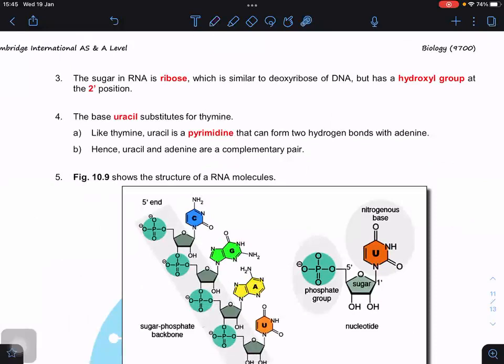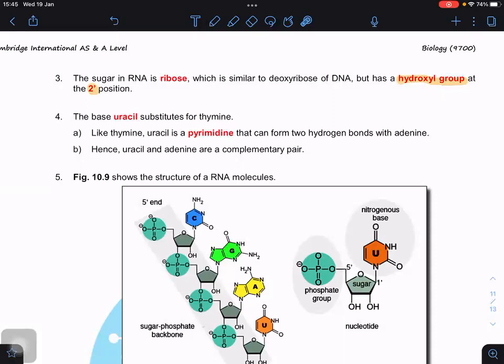So in terms of nucleotides, the sugar in RNA is ribose, very similar to deoxyribose, but instead of having a hydrogen atom, they have a hydroxyl group at the 2' position. 2' means carbon number 2. At carbon number 2, OH, ribose. H below the ring is deoxyribose. Then instead of thymine, they have uracil.